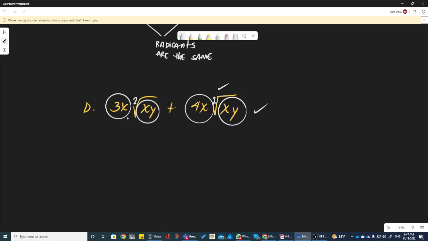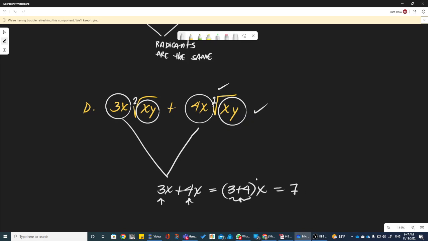Okay? Which is what I'm gonna do. I'm gonna take 3x and I'm going to combine it to 4x, and that's gonna be equals to 3 plus 4, because you take these two numbers and you add them together. So 3 plus 4 is 7, and then I'm gonna pass this variable next to it, okay?